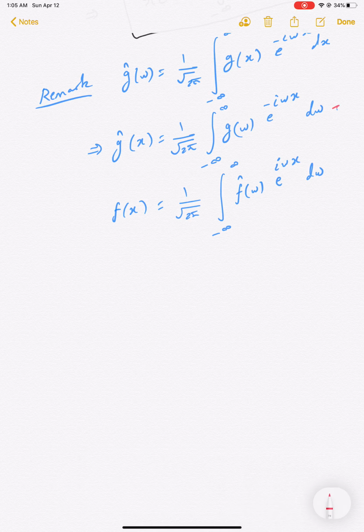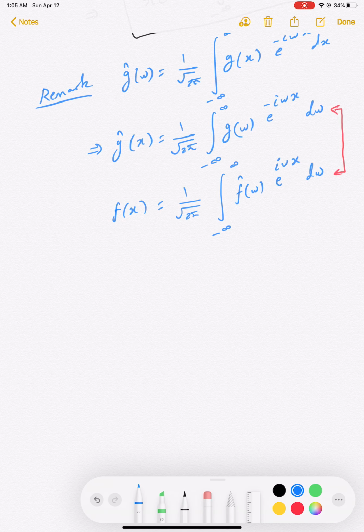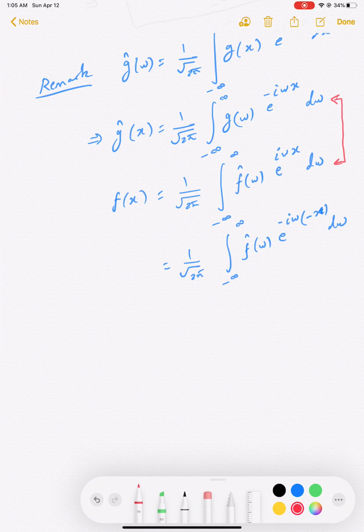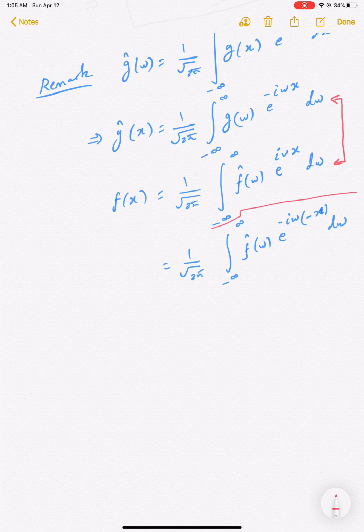Look at these two quantities. Compare between them. They are exactly the same, right? What is the only difference? Again, the only difference is the negative sign. So I'm going to look at this as 1 over root 2 pi integral from negative infinity to infinity of f hat of omega e to the minus i omega negative x d omega. So I just changed it to negative negative, that's it. And now compare between this and this.